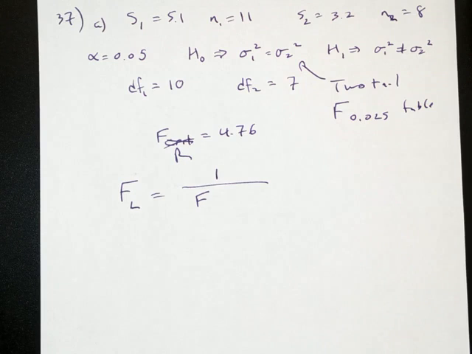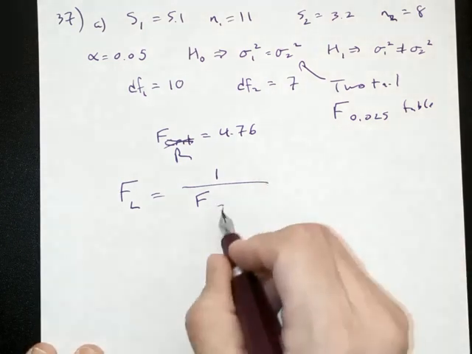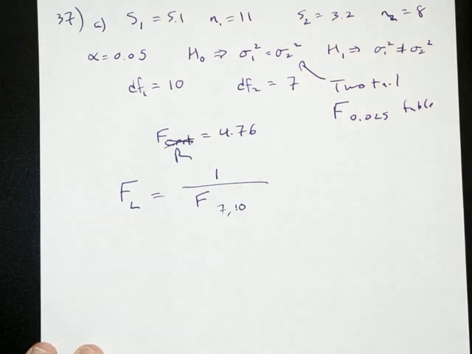So instead of doing DF1 and DF2 as 10, 7, this time I do 7, 10. I switch them around. So go back to the table. 7, 10 gives me what number? And then take 1 over that. Grab your calculator.